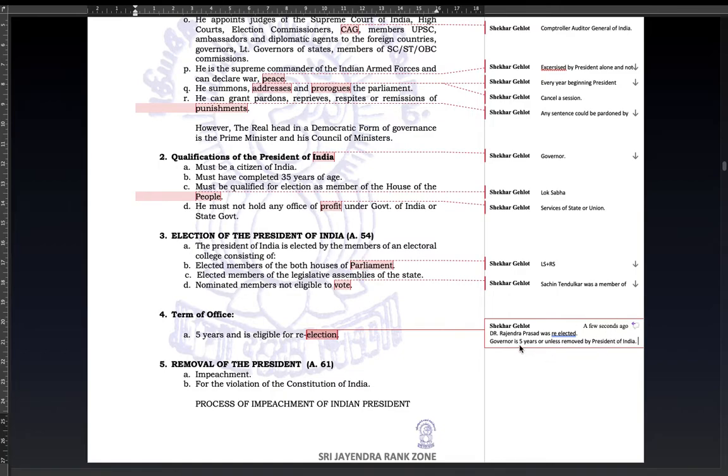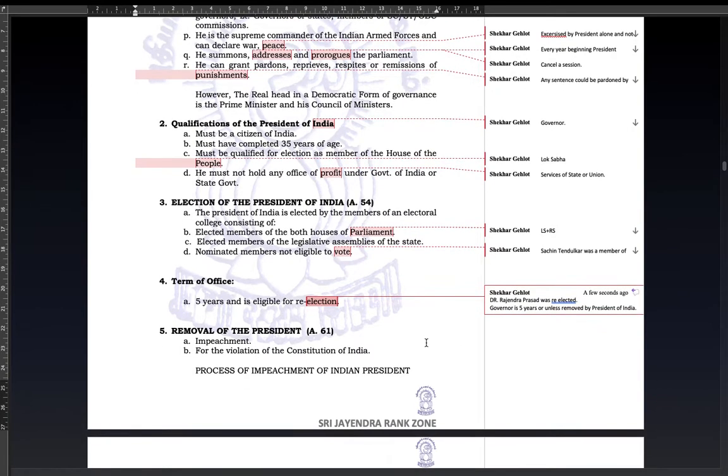Usually, a governor will enjoy a tenure of 5 years unless removed by the President of India, or the President of India may remove him before these 5 years as well. That is up to the President of India, and the governor is also eligible for re-nomination. Not re-election, because the governor is nominated, or appointed, by the President of India.